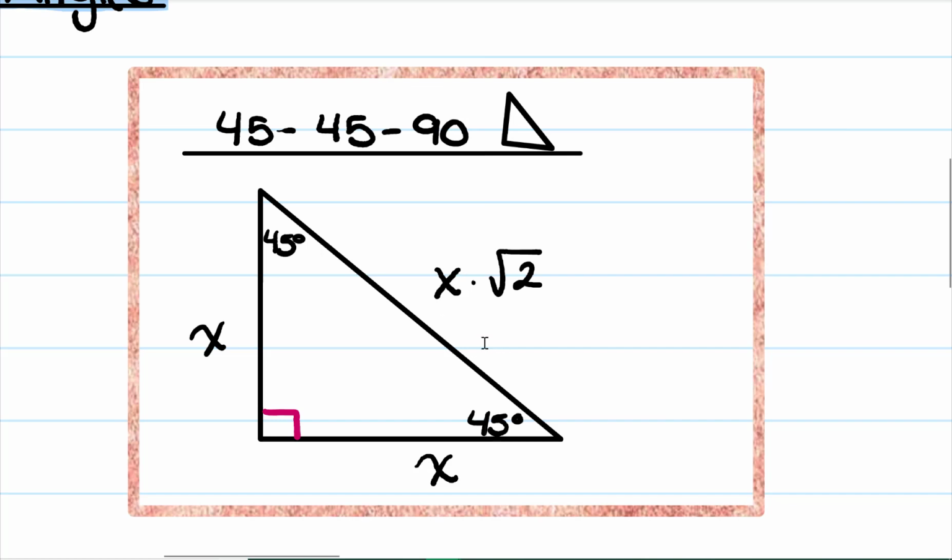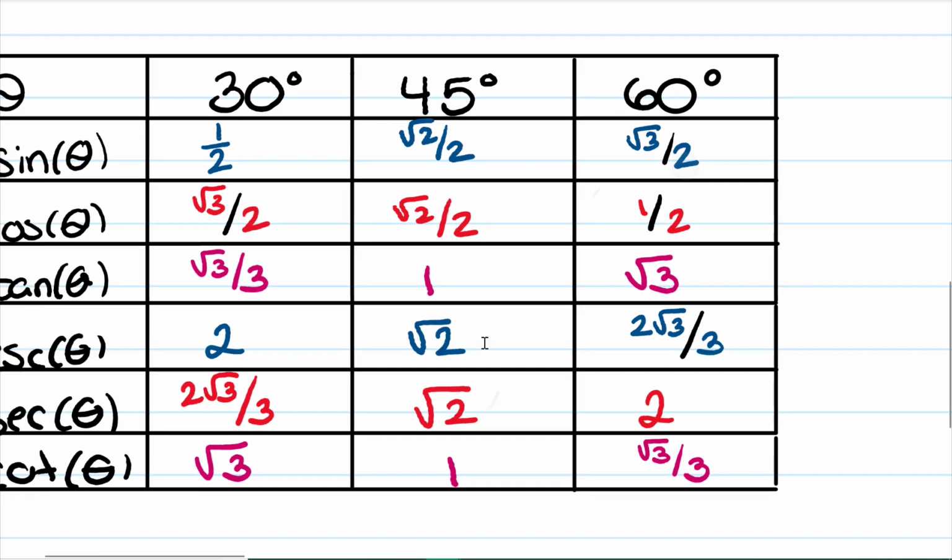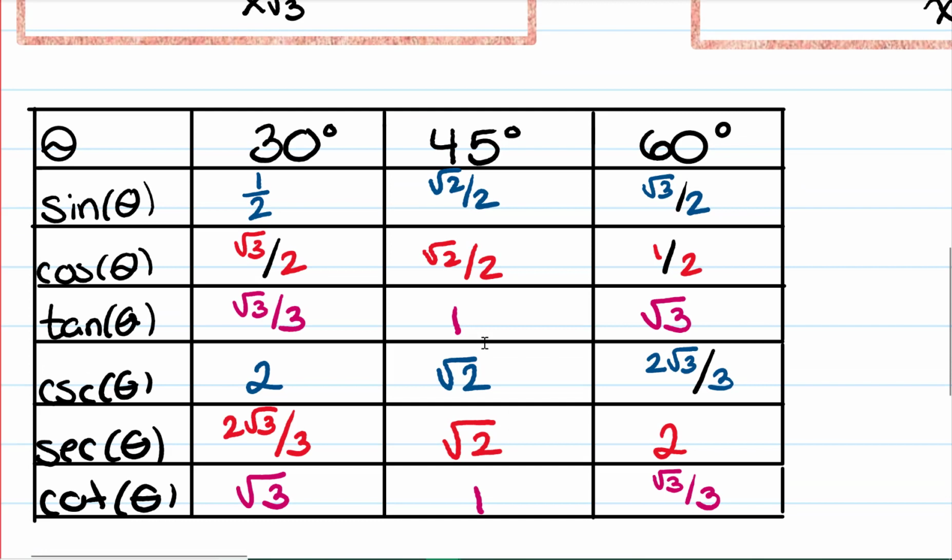Well, not only do the legs and the hypotenuse have patterns, but the angles also have patterns as well. So you want to go ahead and copy down this chart because you're going to need it basically for the rest of trig and calculus. So if you find sine of 30, sine of 45, and sine of 60, they are considered common trig values that we will use later on.